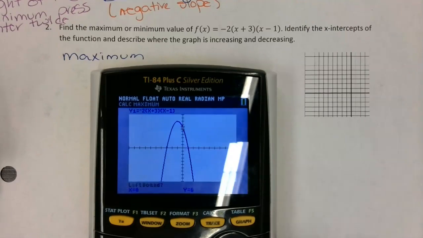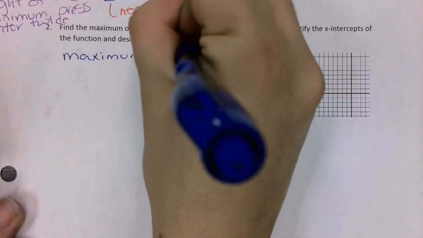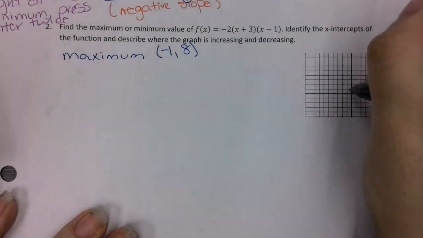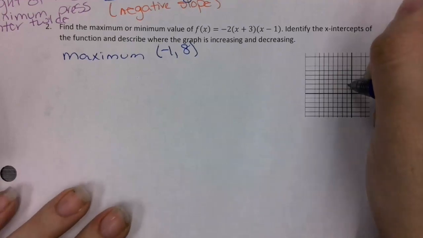Then it says left bound, so I want to move my cursor to the left side. I press enter. Then it says right bound, and move it to the right side. Press enter twice, and this time it tells me my maximum is negative 1, 8. It rounds to negative 1, because remember the calculator's really bad at rounding.